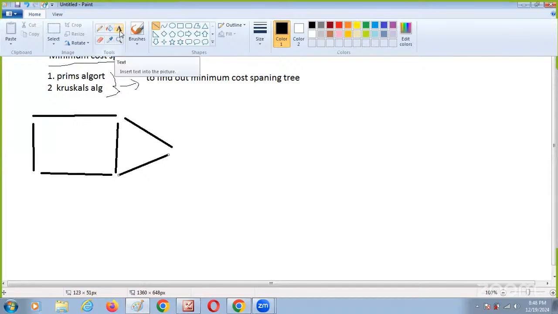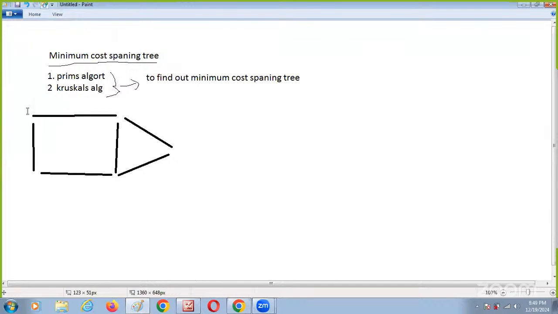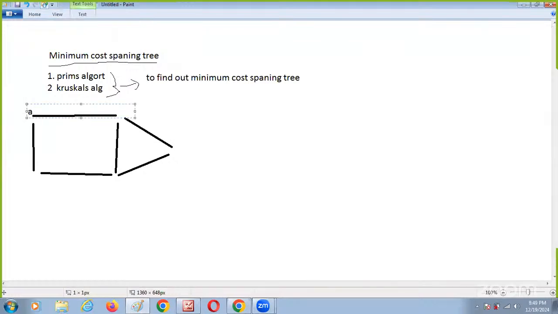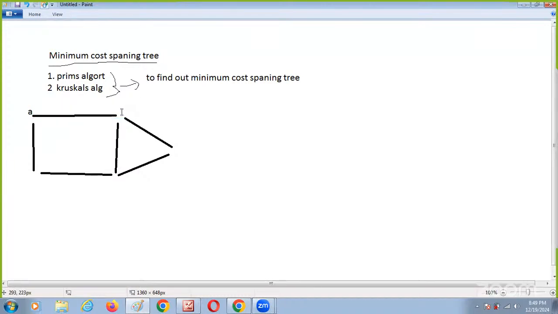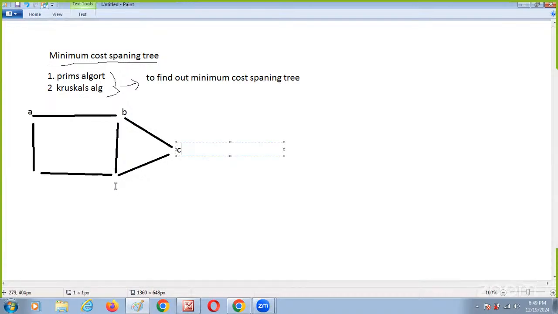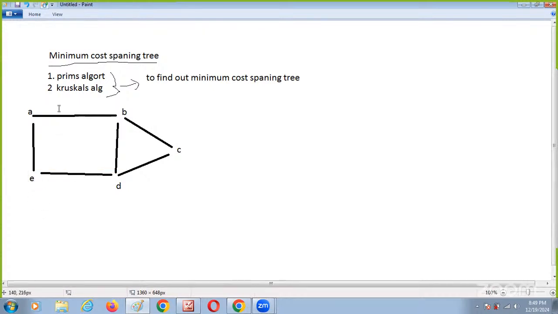So let us take vertices A, B, C, D, and E. Now we have weights also, right?